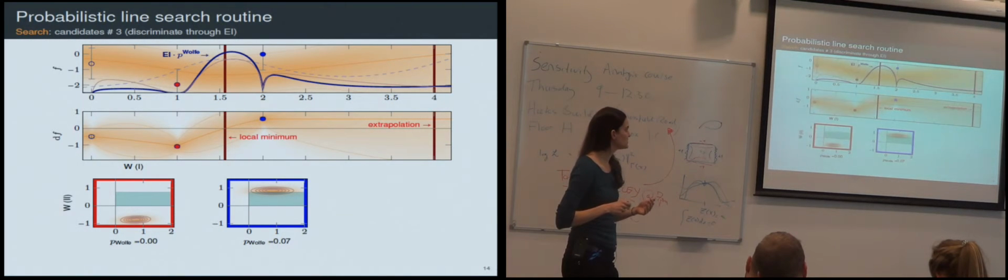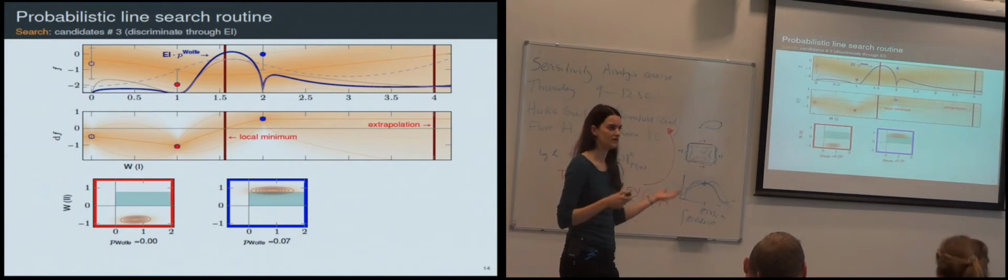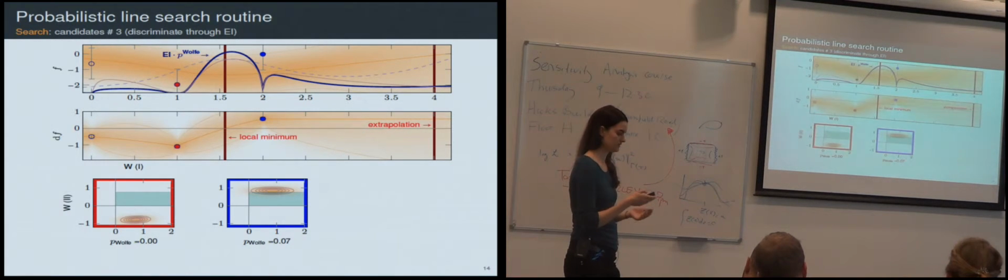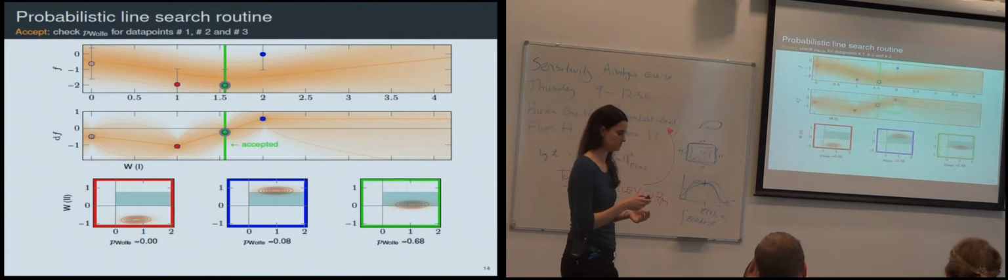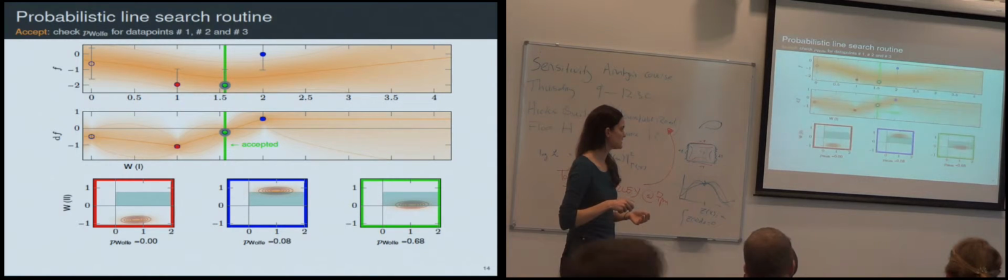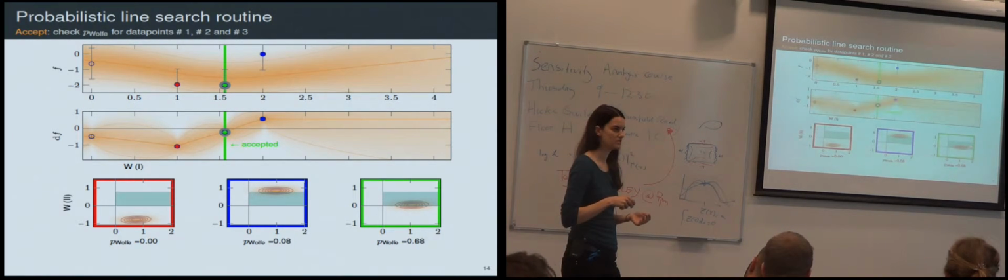So we just evaluate the thick blue curve at these two points, compare these two numbers, take the one with the higher value, and evaluate there. In that case, it's the local minimum. Then we check this point for acceptance, and here there is enough probability mass in the green area, and that's why the point is accepted.